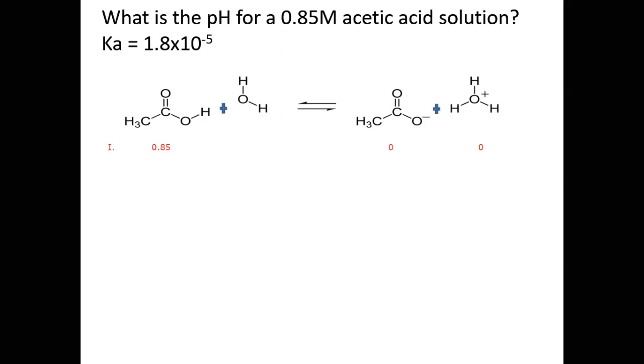So you know it's going to go to the right. The change is minus X. And for monoprotic acids, those acids with 1 proton, pretty much you're going to be doing the same thing on every problem.